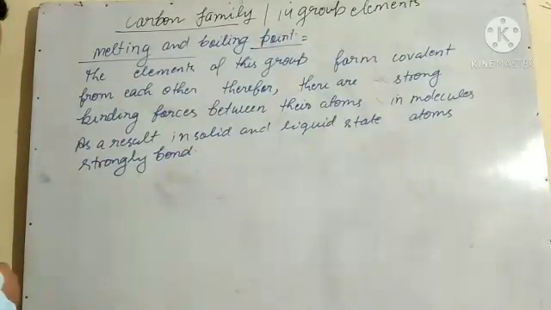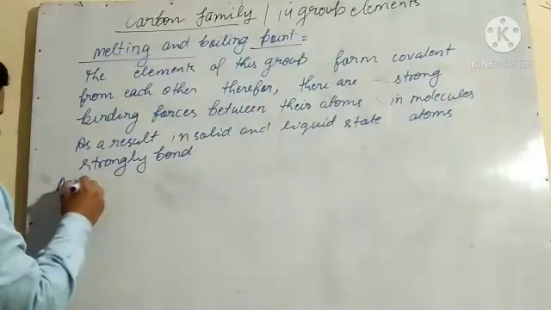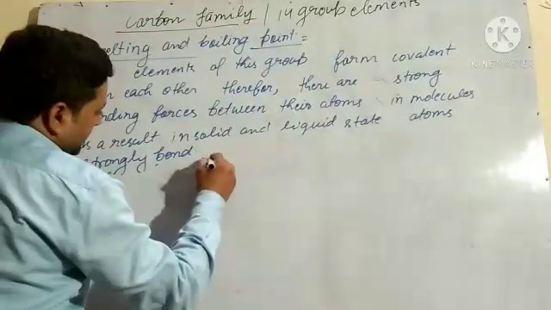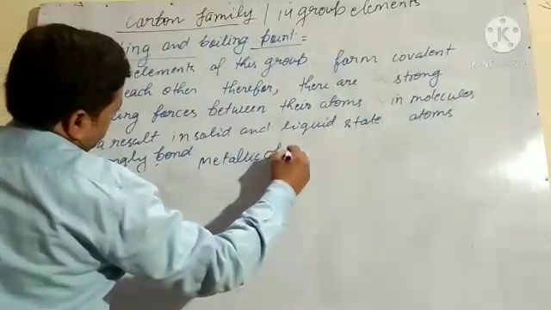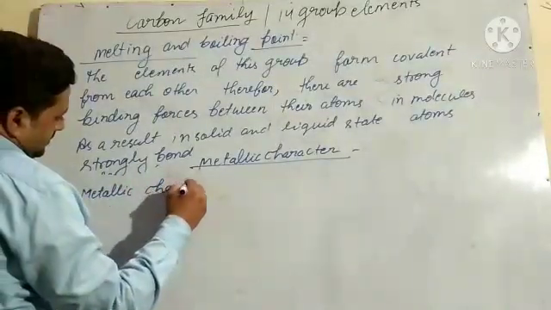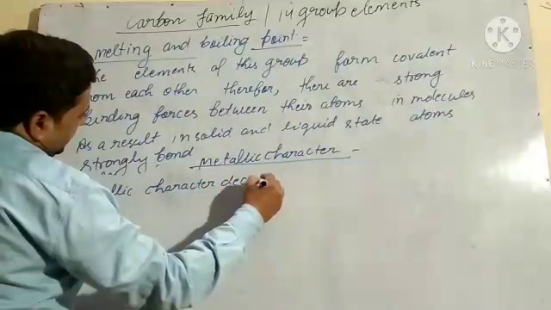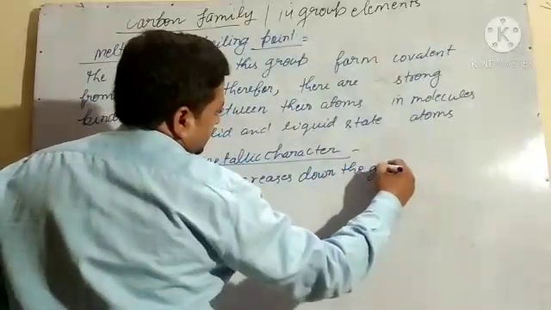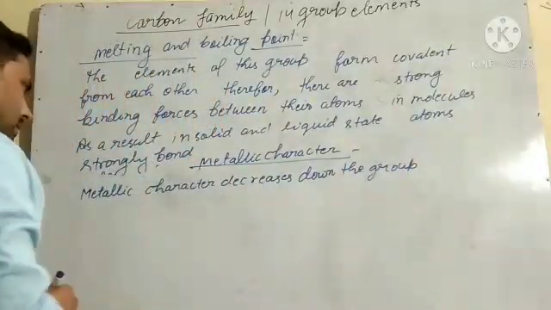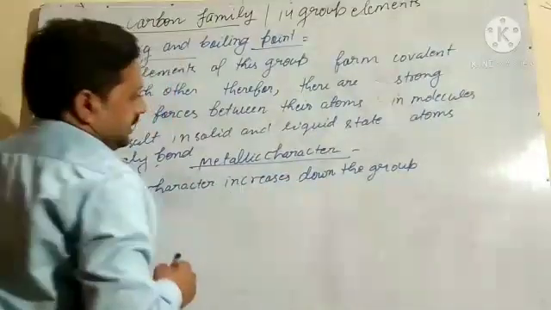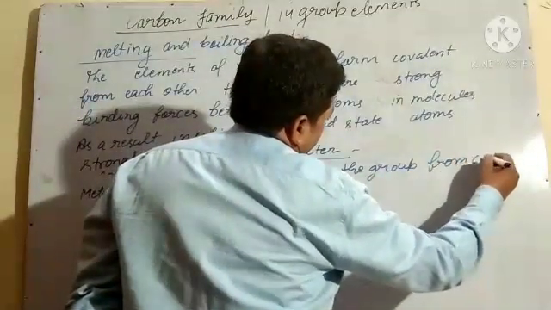Next one is metallic character. Metallic character increases down the group from carbon to lead.